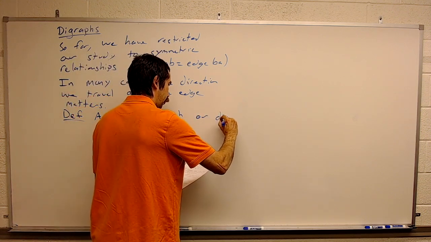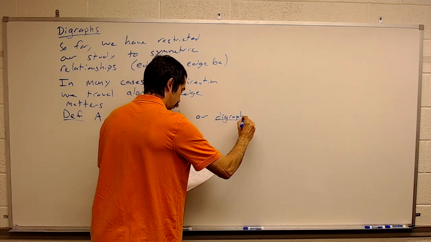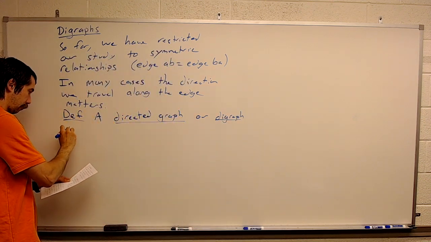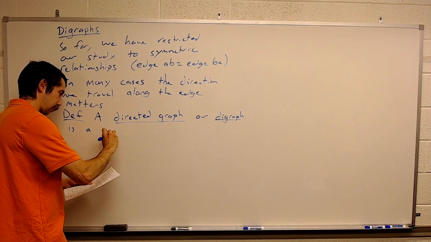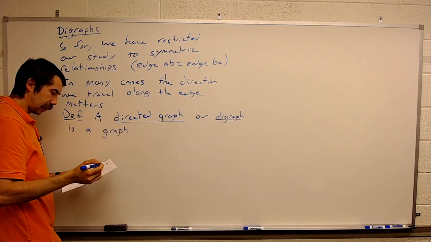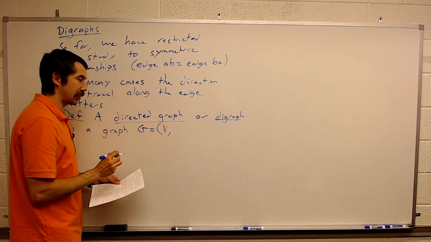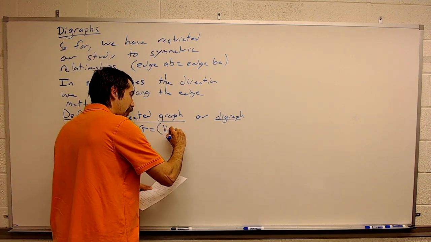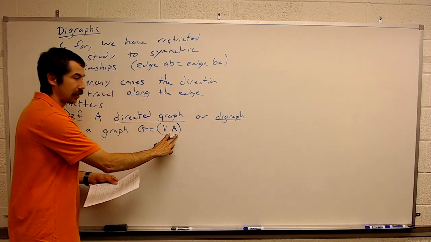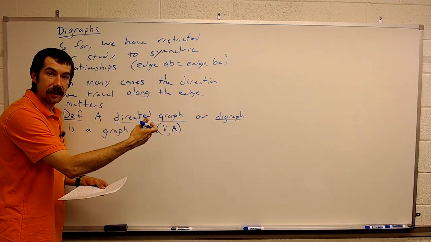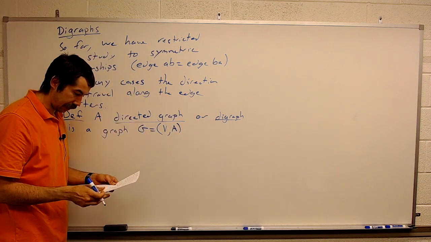or digraph is a graph which we'll call G. It has a vertex set still, and it doesn't have an edge set. It has a new set called the arc set.